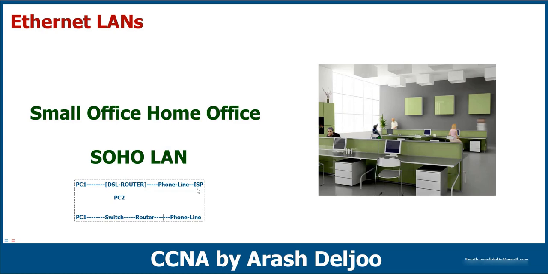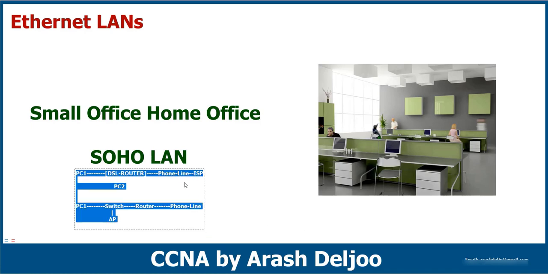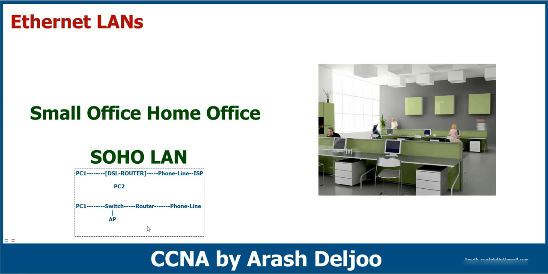And also this switch is connected to one AP inside of the DSL router. In most cases we have one access point. Because of that, other PCs, for example PC2 in our example, can connect to the AP with a wireless connection. This means that here we have a box.